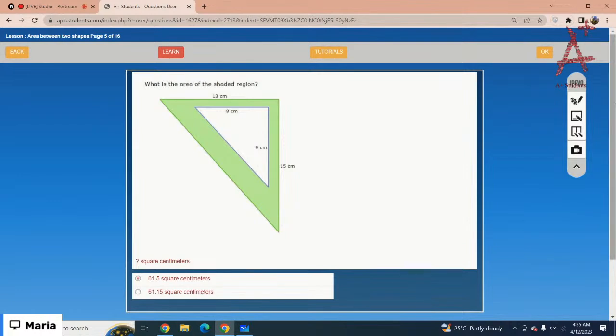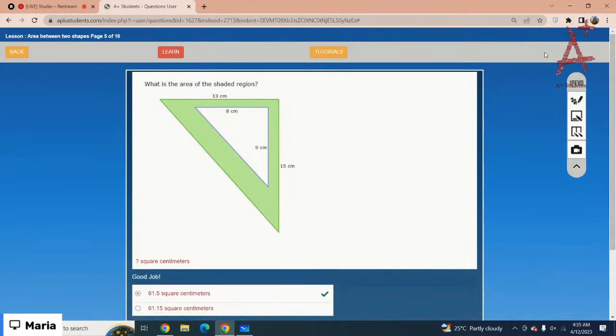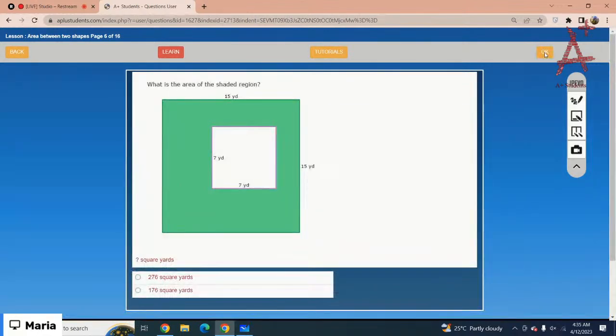Very good. That would be 61.5. Okay, what is the area of the shaded region? Yes, that would be 176 square yards.